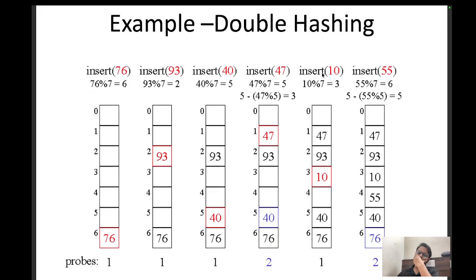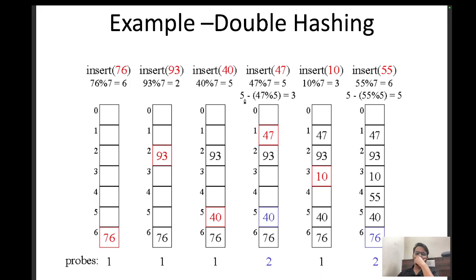So what we do here is we calculate the first element, and we subtract the H2 function value from the H1 function value. H1 gave us the value of 5, and by H2 we calculate the other value. So 47 by 5 will give us the value of 2, and we do the calculation 5 minus 2, which gives us 3.